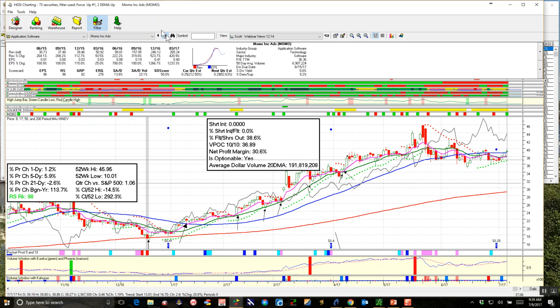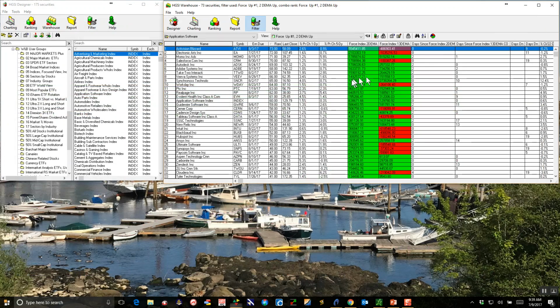And then Momo, one that I've been in and out of. Chinese gaming stock, nice uptrend, top tier. It's now going sideways at the 50. Sometimes these stocks go sideways for a while, they heal and they take off again. I bet Momo takes off, but I don't know when.